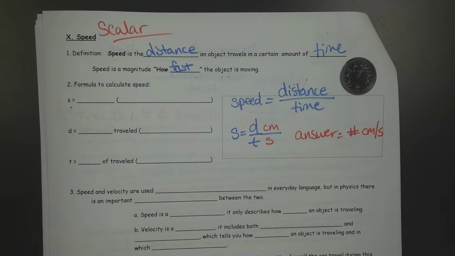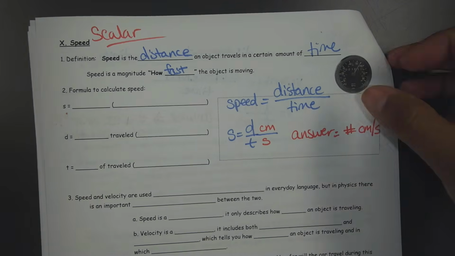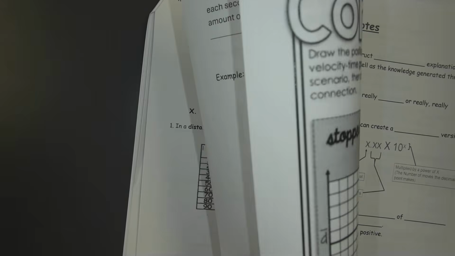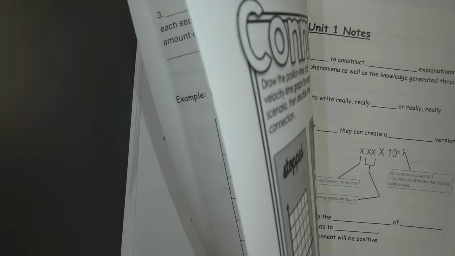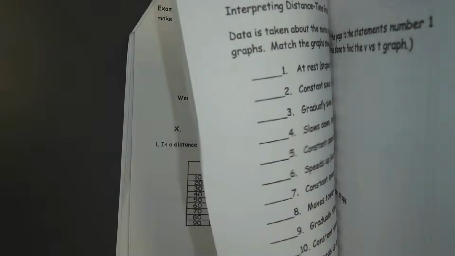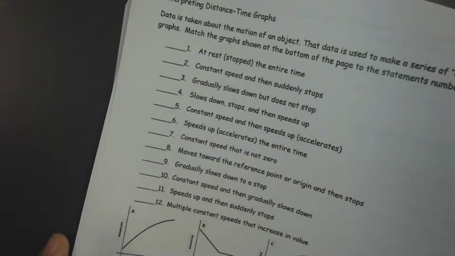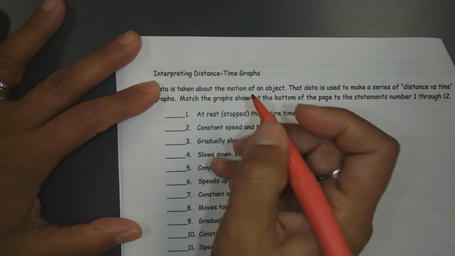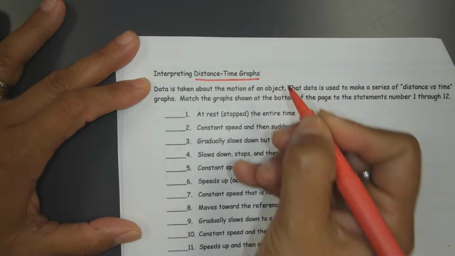Now, we're going to slow down from all this note taking. We are going to actually go to this graphing paper, or these graphs over here, not the back one. We're going to start here, where it says distance time graphs.